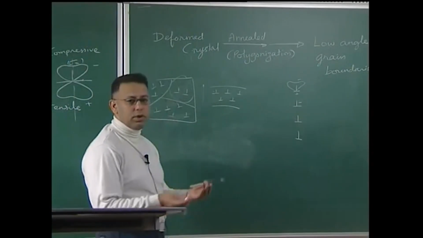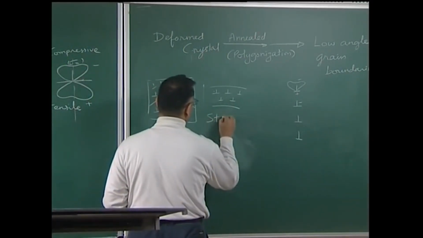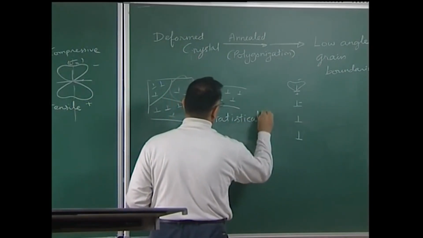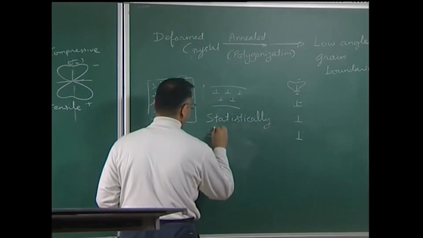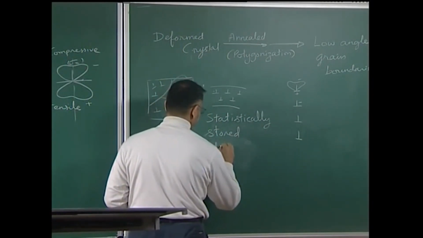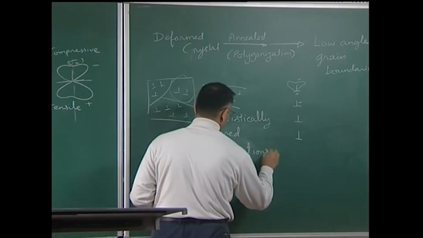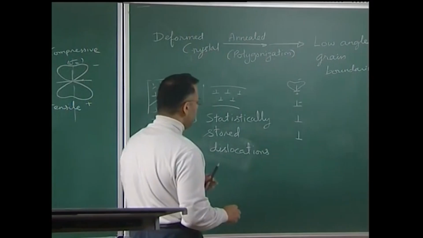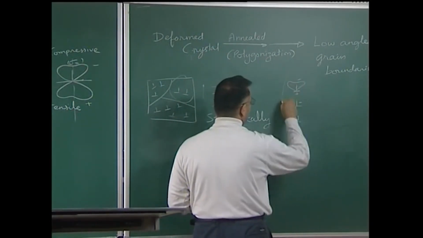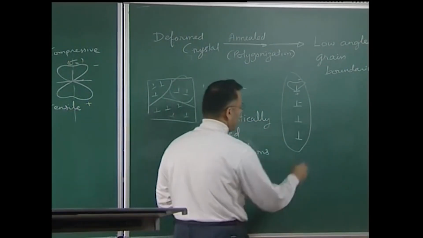This kind of distribution of dislocations I would call a wall, and in the formation process you actually end up forming what is called a low angle grain boundary, and we will see a picture of this soon.